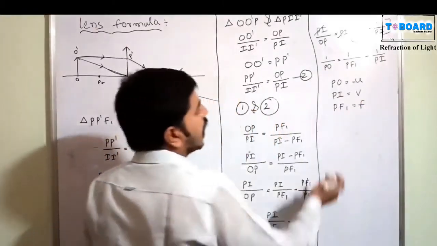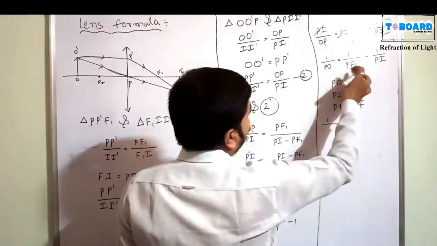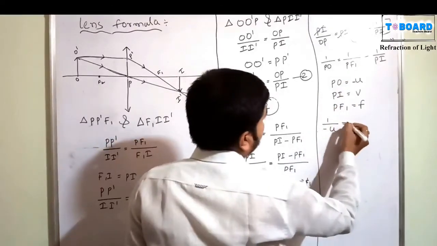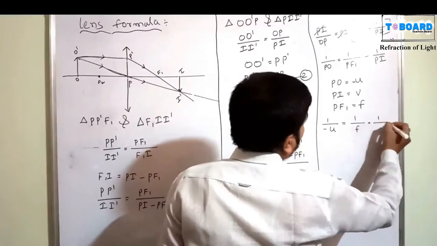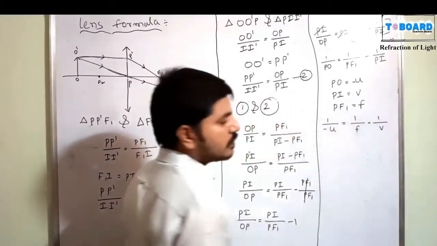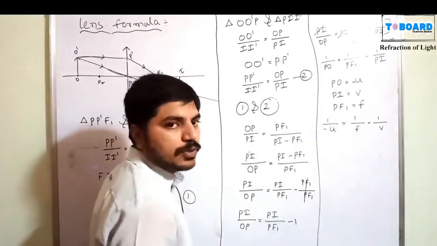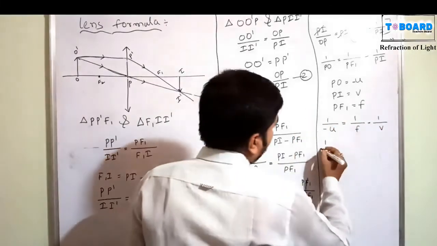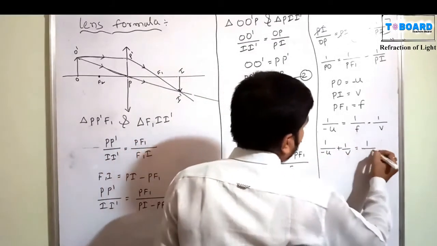So now I am going to substitute all the values in the above equation. That is 1 by PO, which is minus u, equals 1 by f minus 1 by v, right? If the minus goes outside of the equals, it becomes a plus. That's why 1 by minus u plus 1 by v is equal to 1 by f.